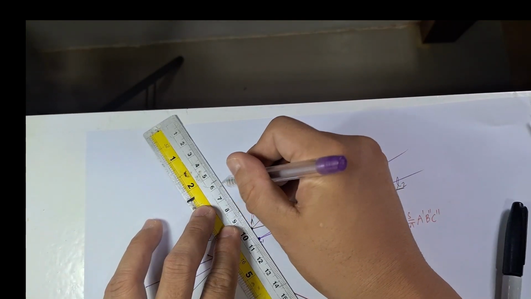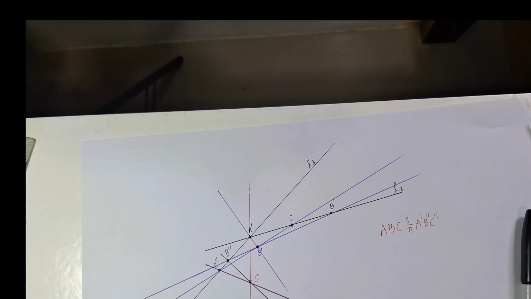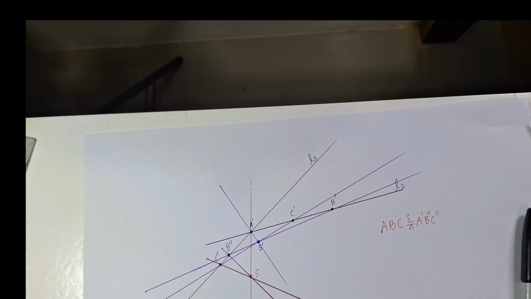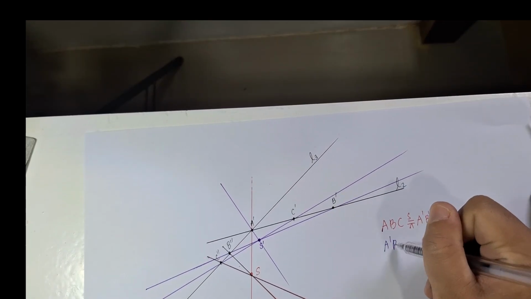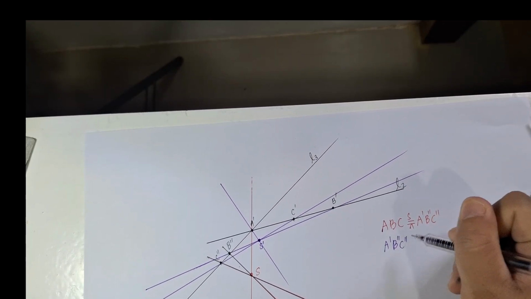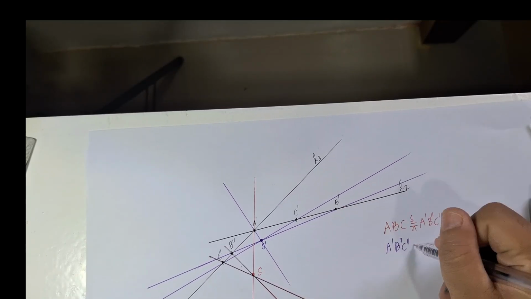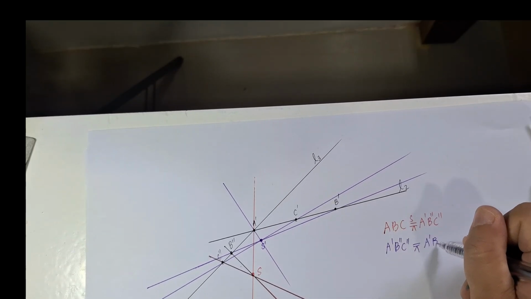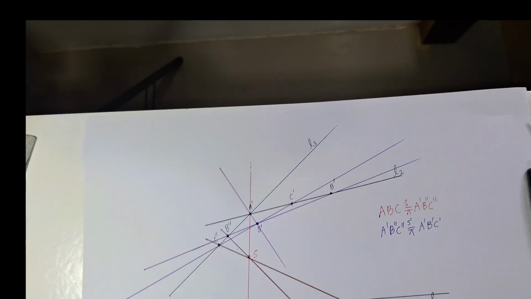So let's have a line here. We don't need to do this, but let's put a line there so that we can see that they are perspective with respect to S prime. So here we now have A prime, B double prime, C double prime is perspective with A prime, B prime, C prime with S prime as the center of perspectivity.